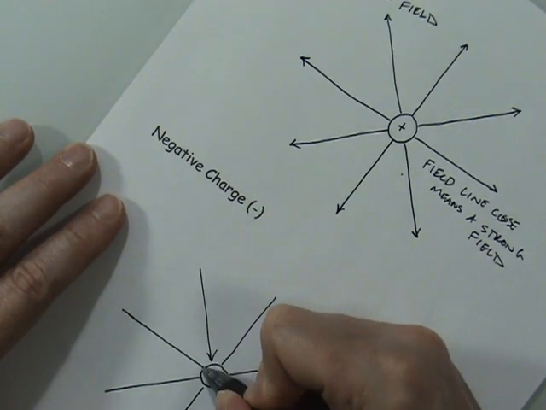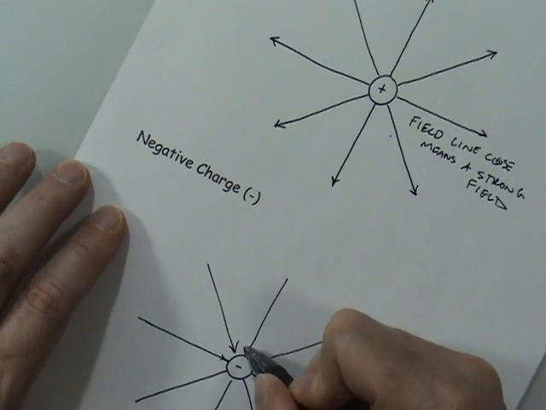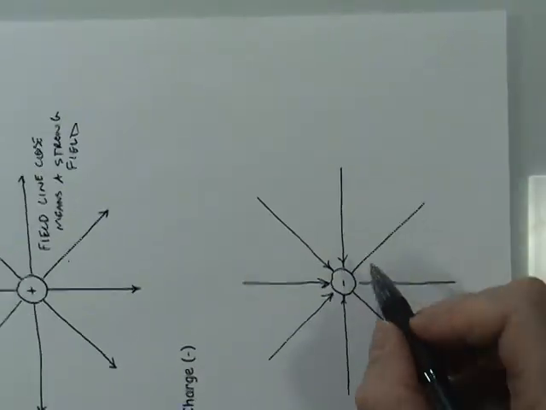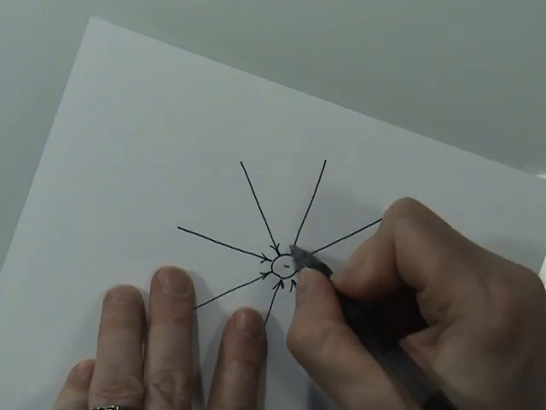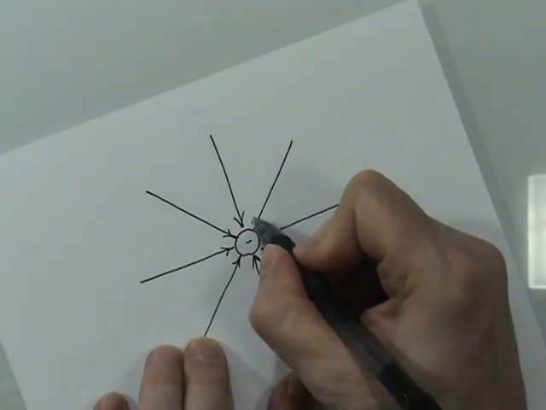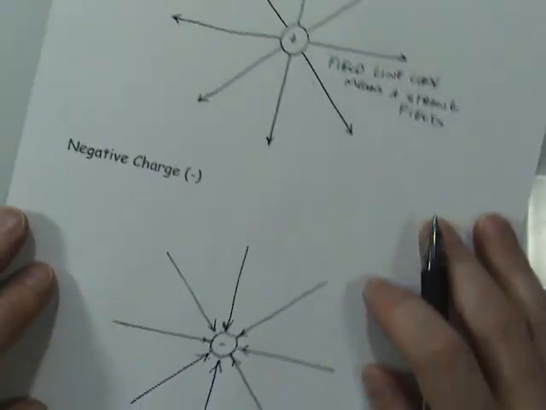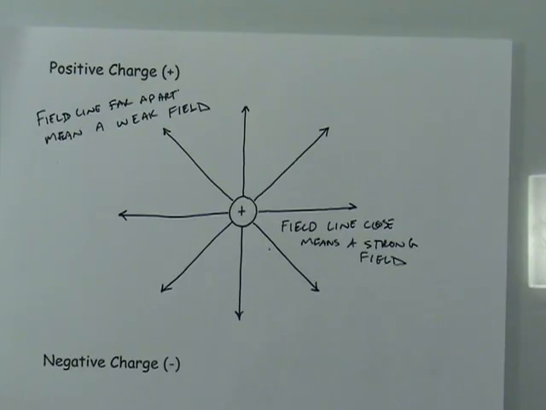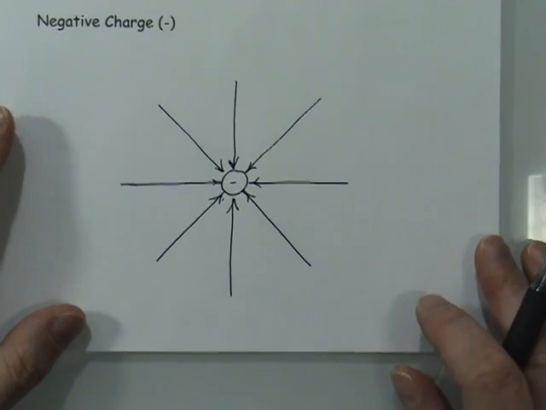So all of my arrows should point inward. But otherwise, the pictures would be exactly identical between the negative charge and the positive charge. Exactly the same, except the arrows point in the opposite direction.